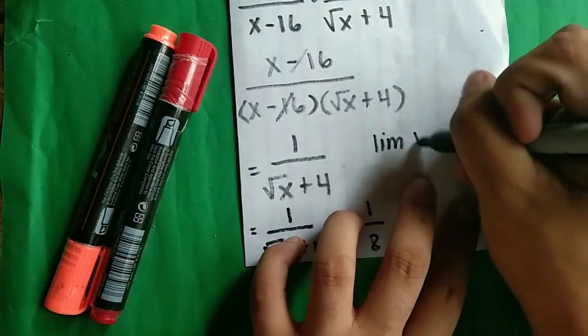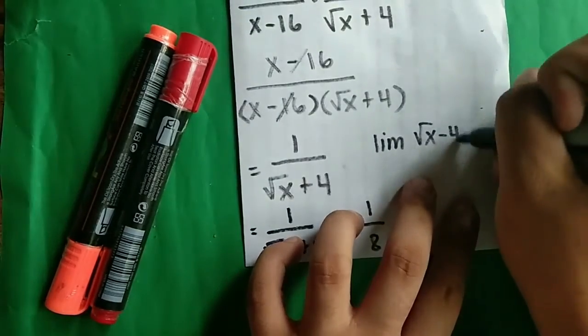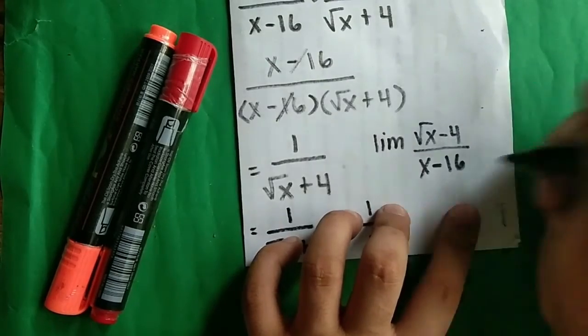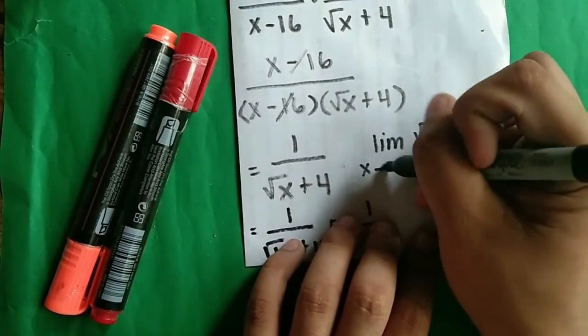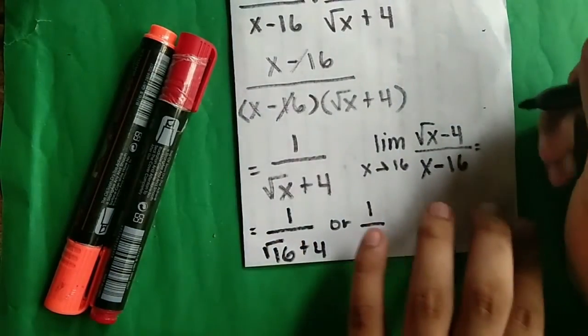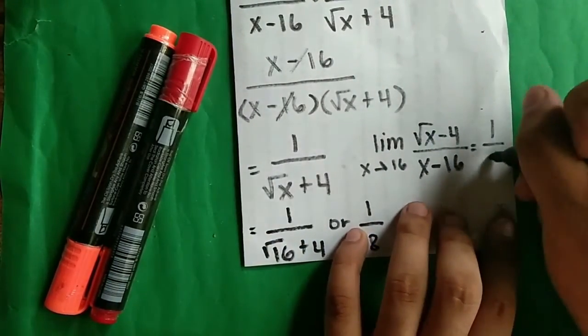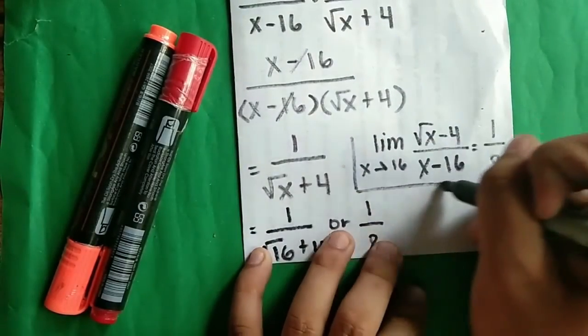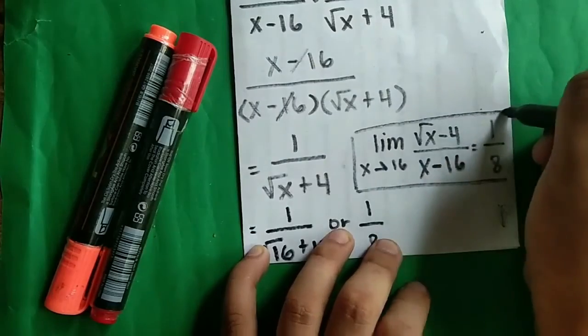So the limit of square root of x minus 4 all over x minus 16 as x approaches 16 is equal to 1 over 8. This is our final answer.